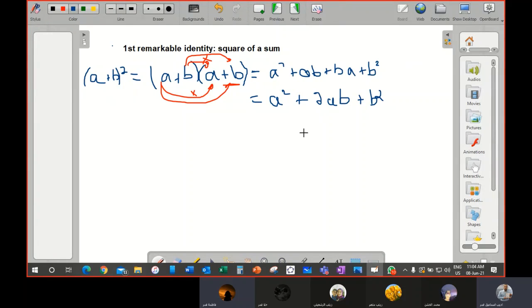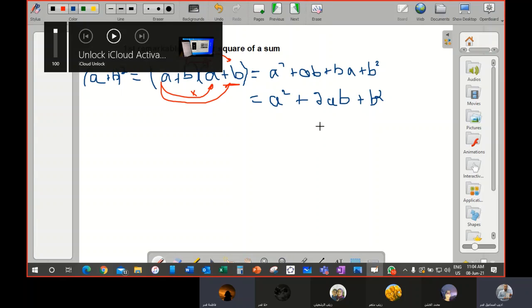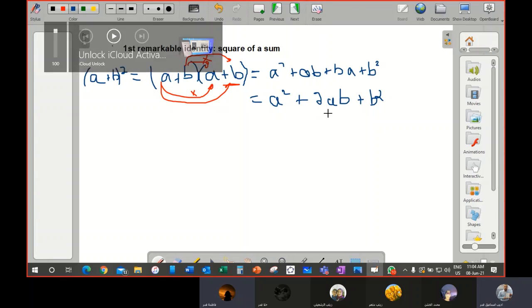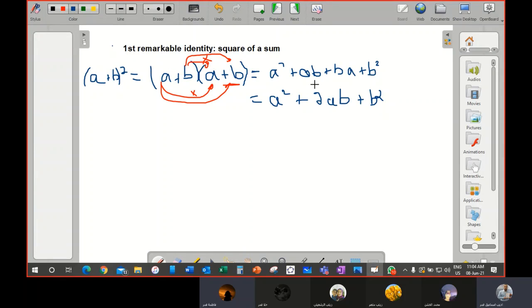Because they are equal. Repeat: why can we add them? They are like monomials. AB and BA are like monomials.